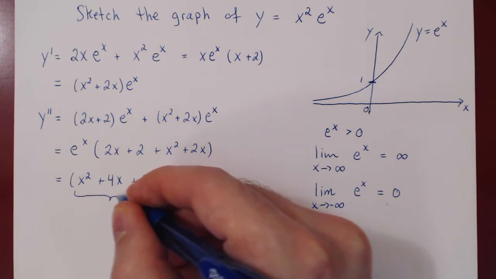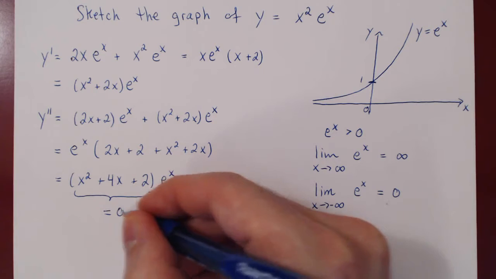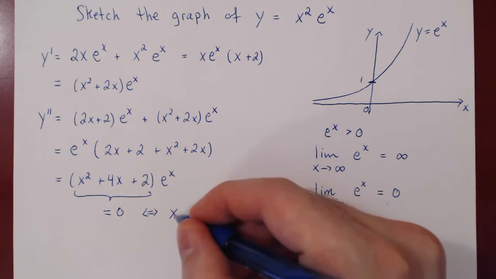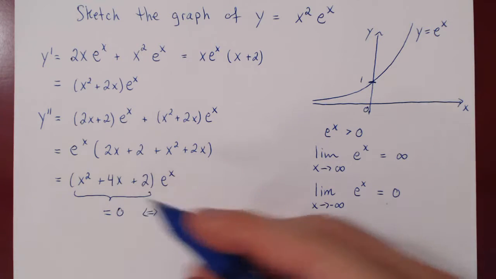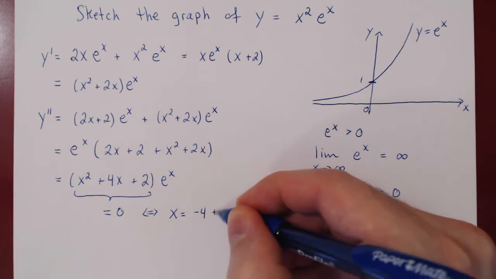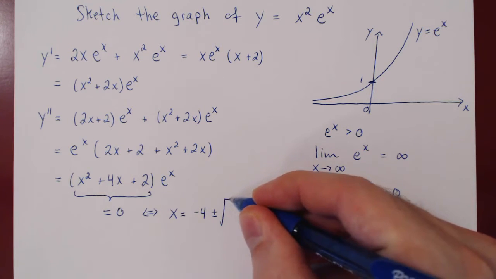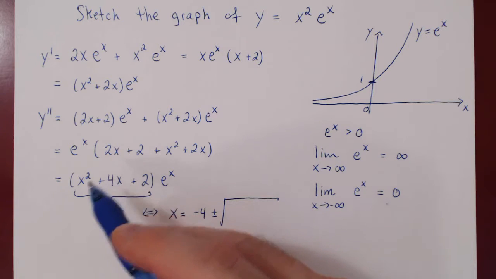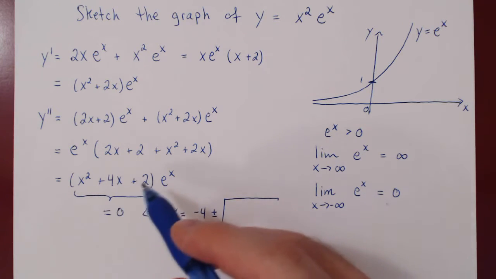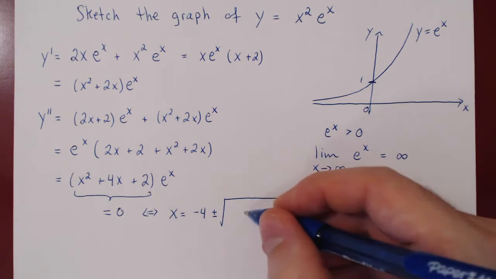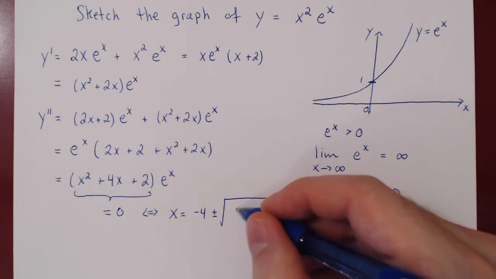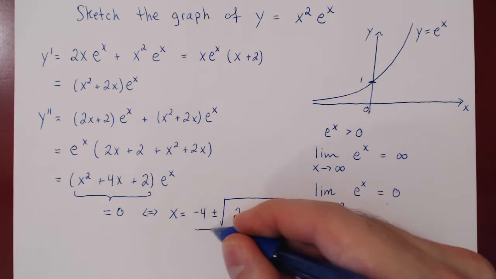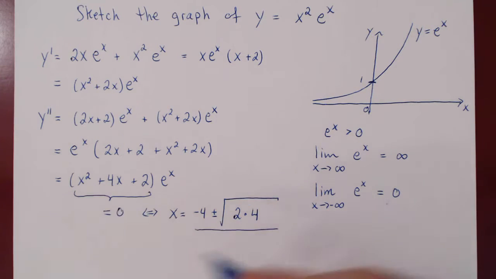This will be equal to 0 if and only if, by the quadratic formula, x is negative b, so negative 4, plus or minus the square root of b squared, which is 16, minus 4ac, so minus 8. 16 minus 8 is just 8, and I will write here 8 as 2 times 4 to simplify the square root, over 2 times a is 1, so it's just over 2.